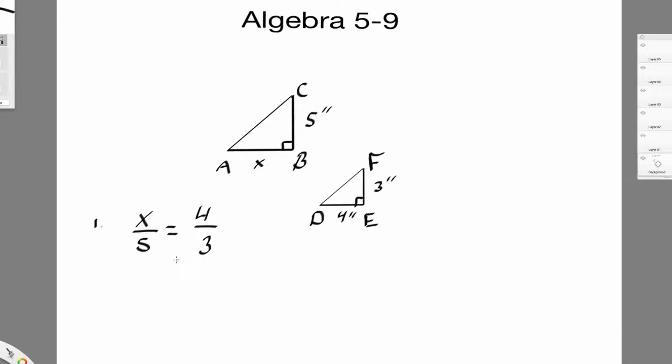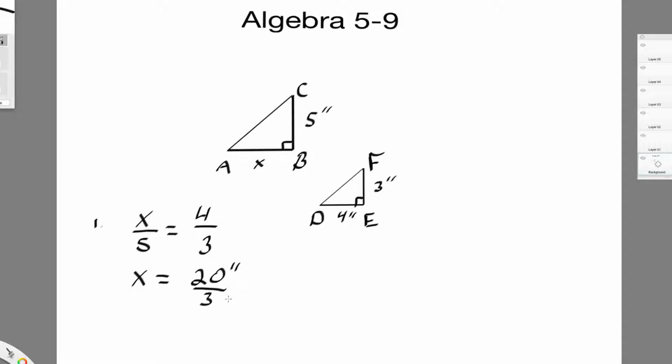So we now have a ratio that we can use. From that we solve for x. We could use the means extreme property, but it doesn't make a lot of sense in that all I need to do is multiply both sides by 5. If I do that, I get that x equals 5 times 4 is 20 over 3. And that's my solution, 20/3 inches.